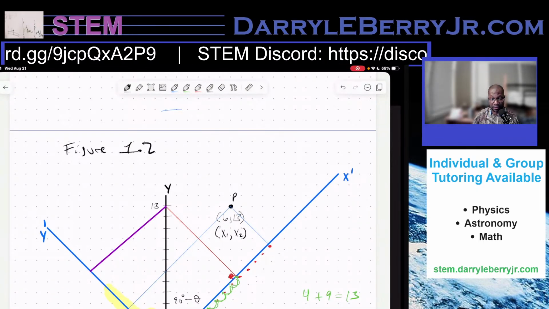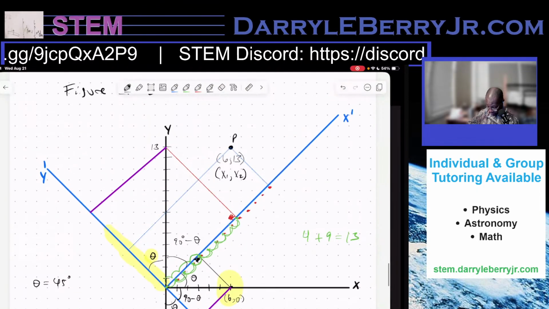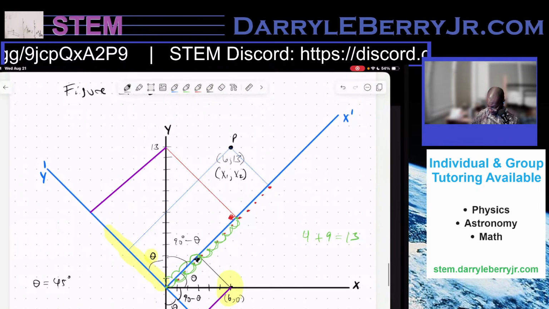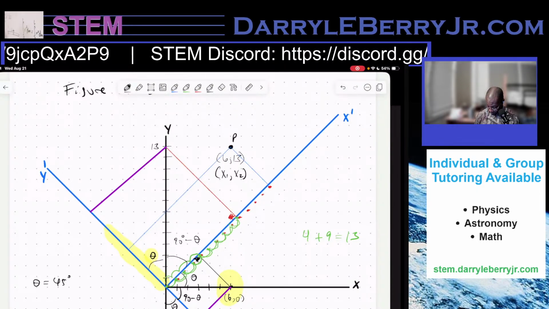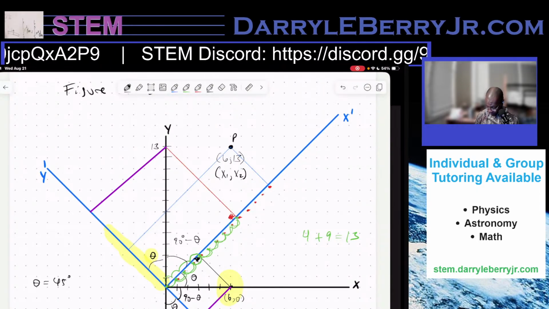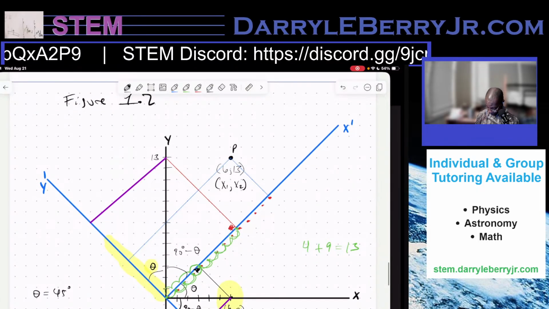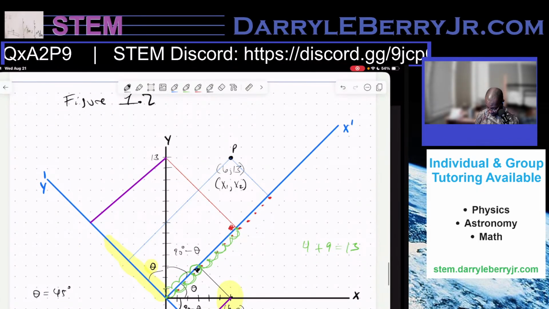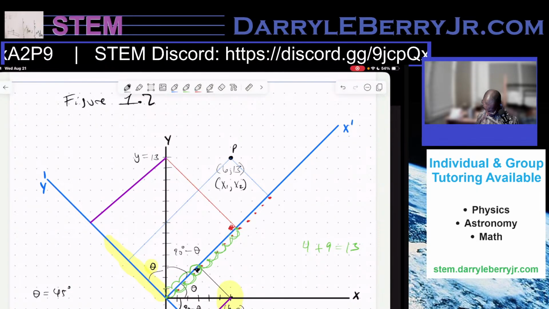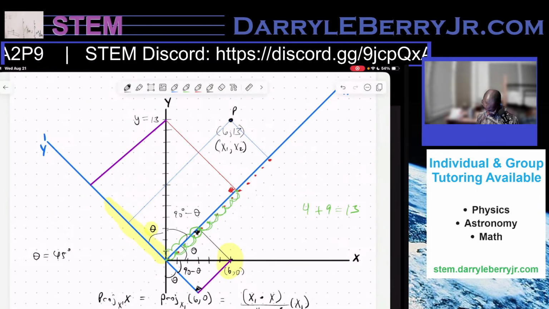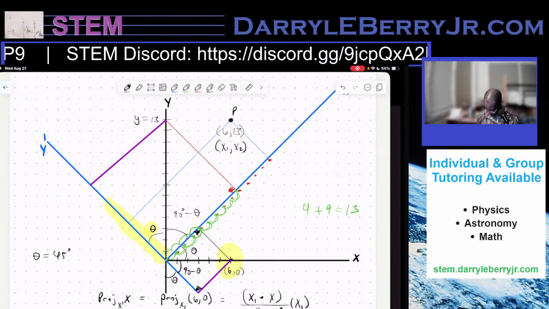So looking at the figure, I did this to scale pretty well. So y is x2. This would be y equals 13 and x equals 6.